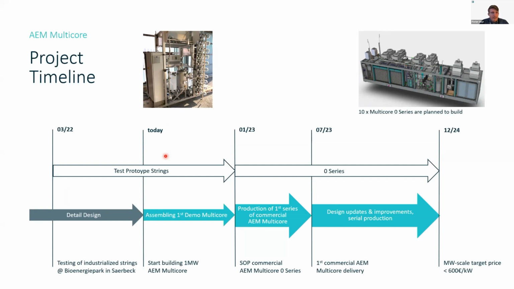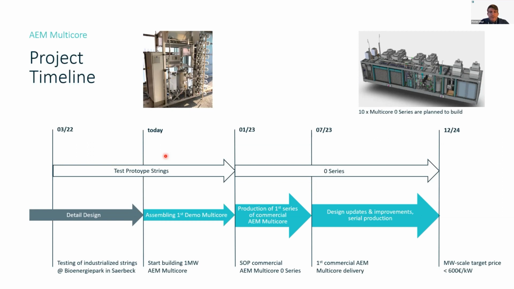In parallel, we have some prototype strings, which we are testing in our test park in Saarbeck, and we have another one on our build partner side. We assume that the first demo multi-core will be available by the end of this year. Then we start commissioning, and this will be in the Bioenergie Park in Saarbeck, where our factory is planned.